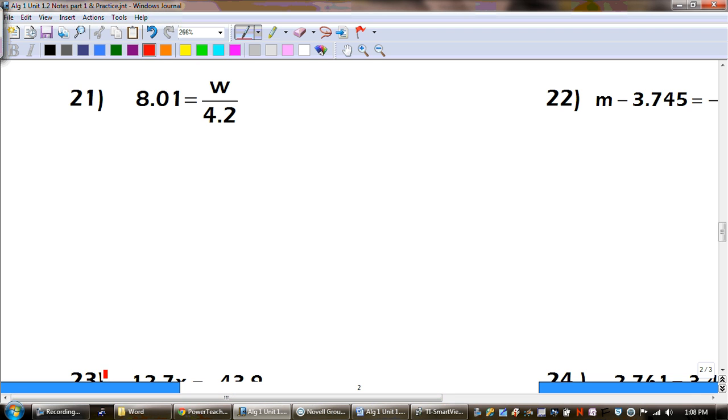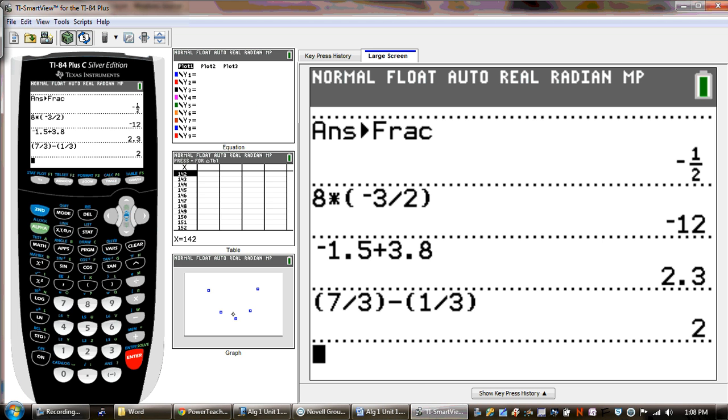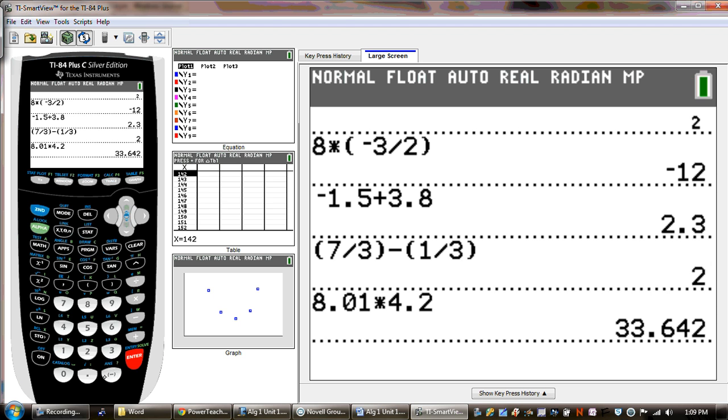So, number 21, draw the line. What operation do we have? Yeah, that's division. The opposite of division is multiplication. So I'm going to multiply both sides by 4.2. So I have 8.01 times 4.2, and we get 33.642.